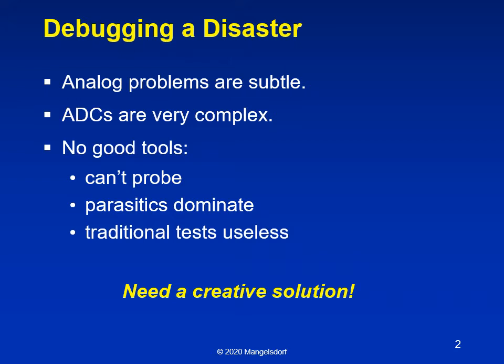And finally, the traditional tests really are good for speccing the performance or checking the overall performance that the customer will see, but they are not good for revealing what's wrong with the ADC. So what we need is some creative problem solving.